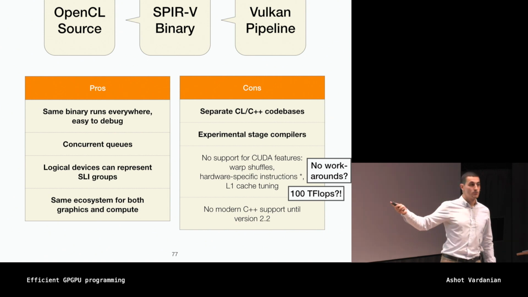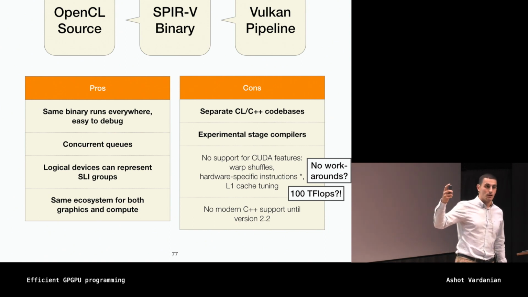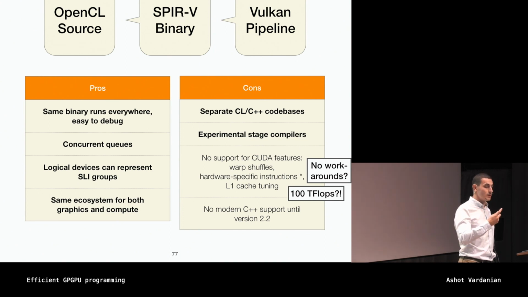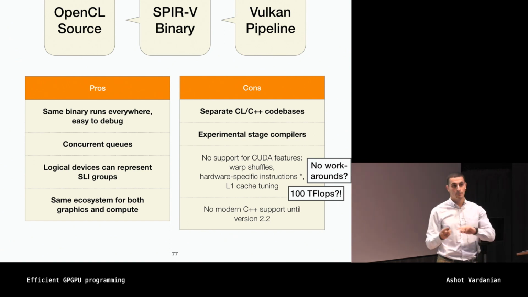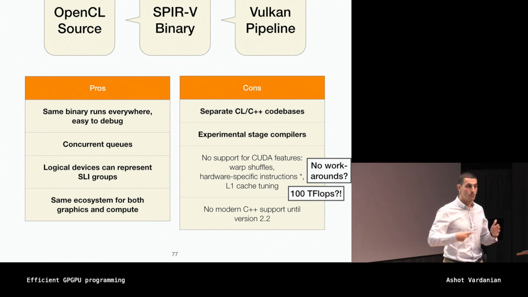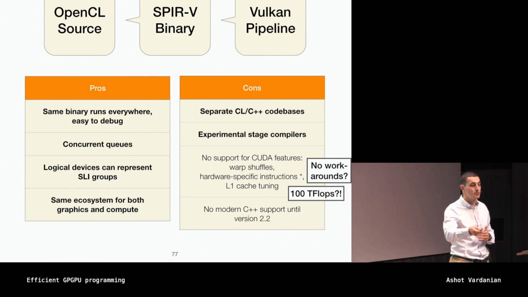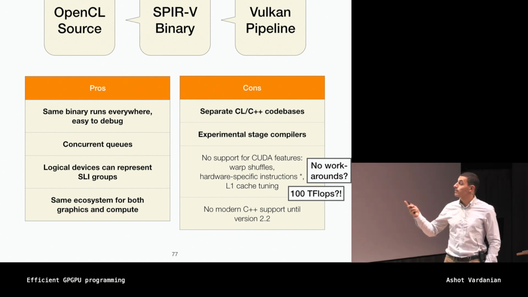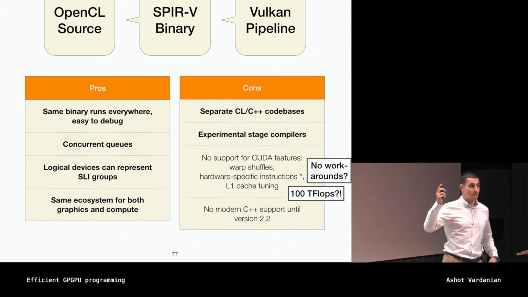And a cool aspect if you do games or UI applications is that Vulkan is a compute-capable API, but it's a graphics-first API. So you will have the same workflow and the same wrapper classes for Vulkan for both your graphics applications and for your compute applications. Though there are some downsides, the major one is that you have separate code bases.